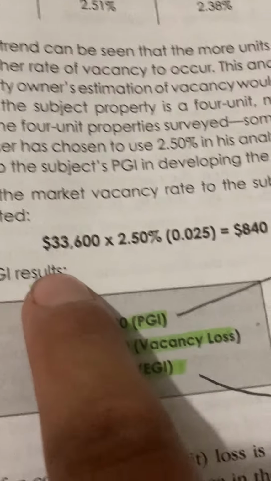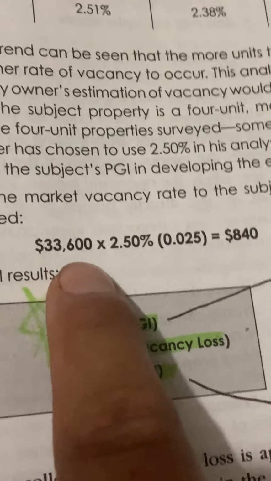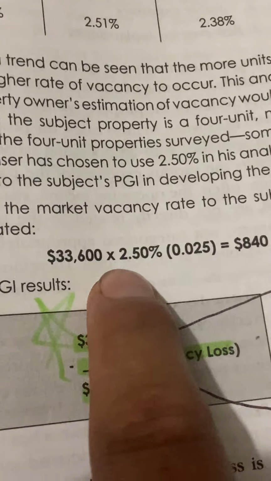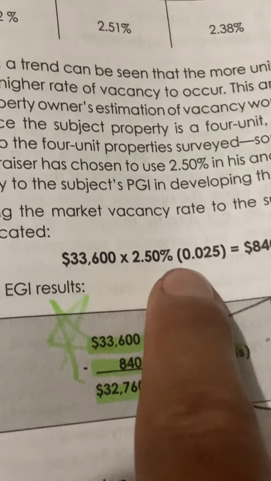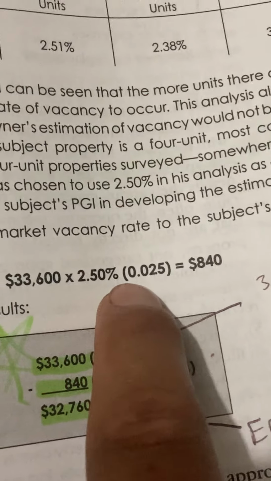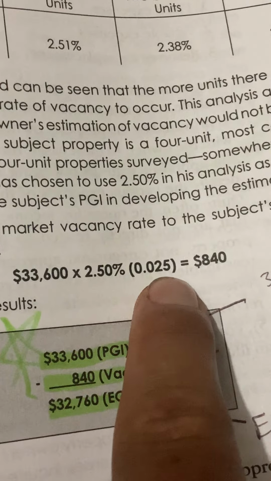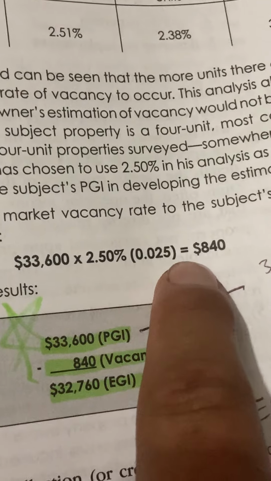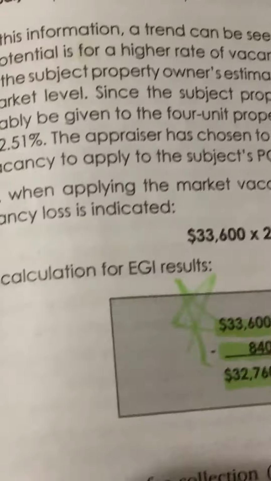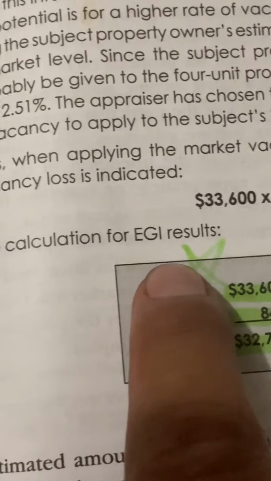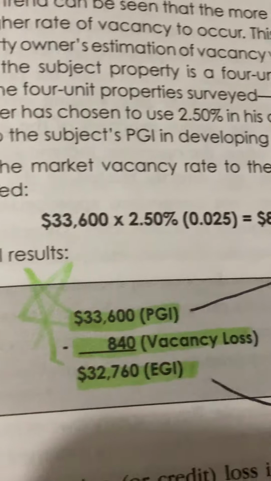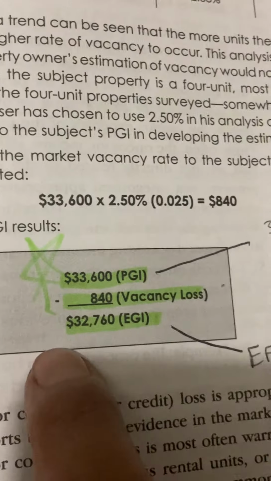So you take the $33,600 potential gross income, you multiply that by 2.50%, and then it shows in parentheses 0.025. That'll equal $840. The calculation for effective gross income, this is highlighted, so remember this.